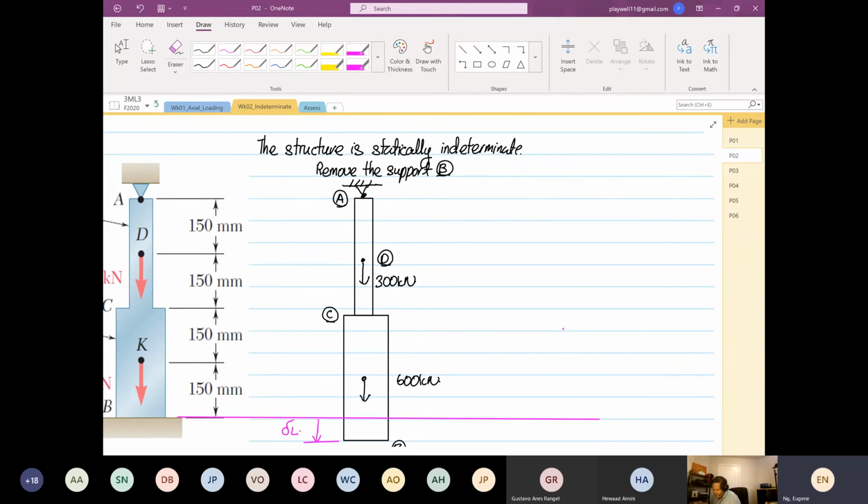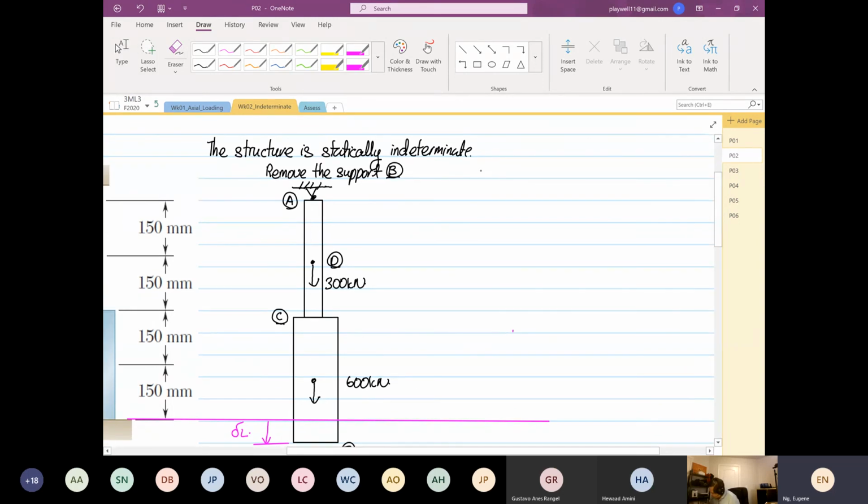Okay. At point D. So the next thing that we're going to do, we're going to add the redundant load at point B. Okay, we're going to put it back.